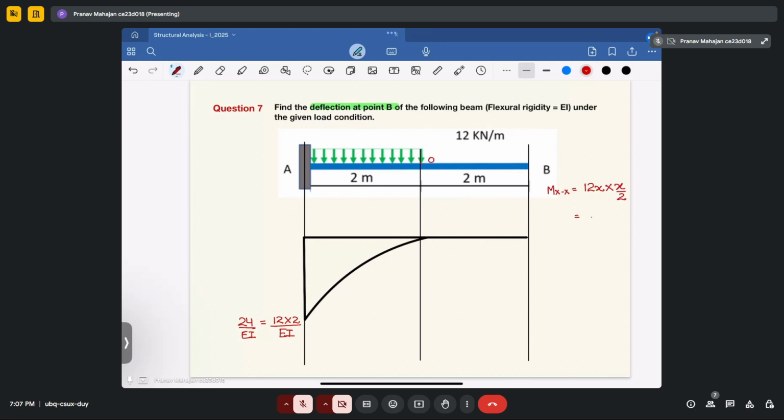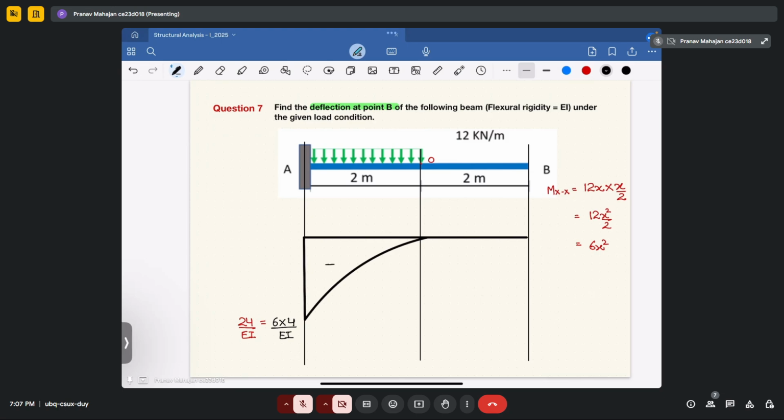So that will give you 12 x square upon 2 equal to 6x square. So if I write here, that will be equal to, how I will write in terms of this section. Here, if I write in terms of x, it will come out as 6 into 4. This will be my moment divided by EI. That will give me 24 upon EI.